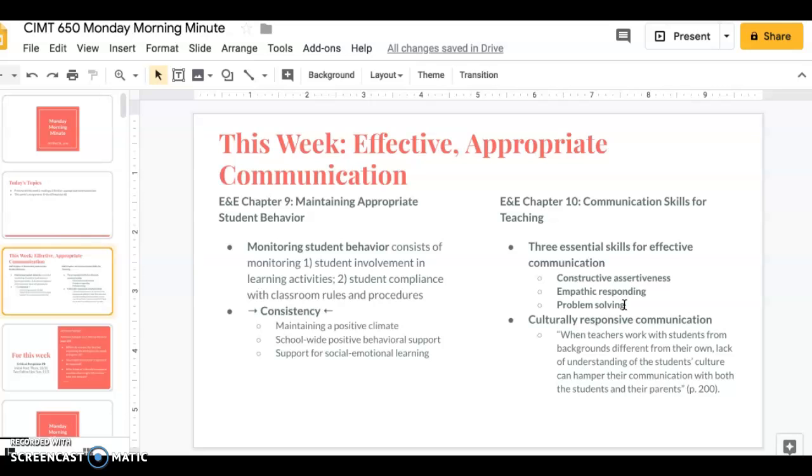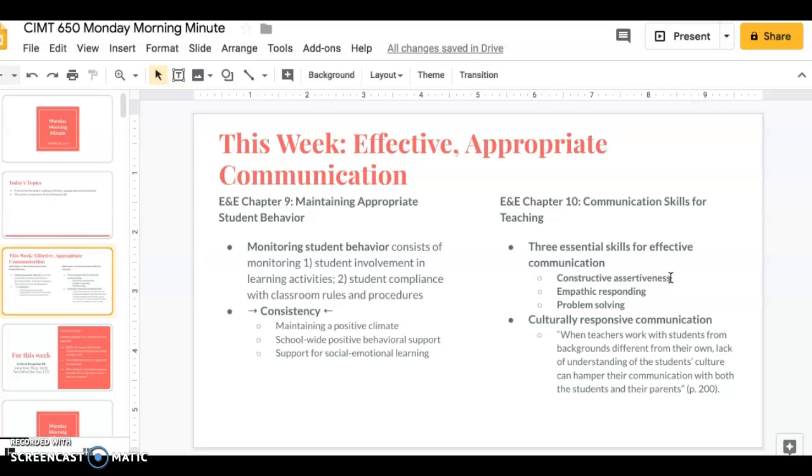They note, critically, I think, that in addition to being useful with students, these 3 skills are also really useful when we're talking with parents and family members. Keep that in your mind too, and think about how constructive assertiveness might look when you're dealing with a student and with a parent. Are those the same? Would those be different?